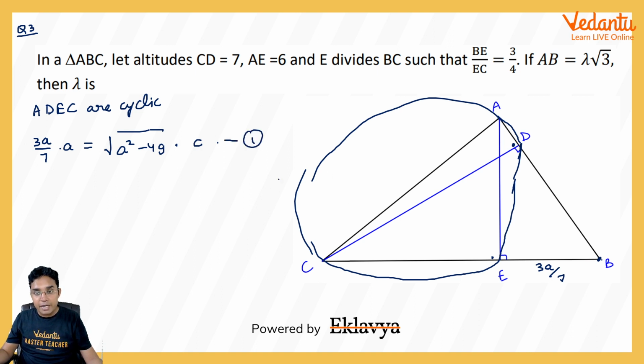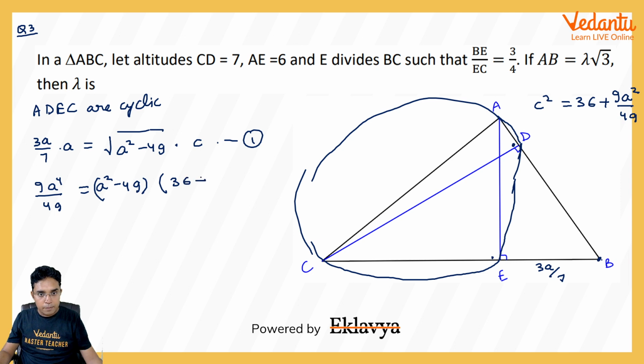And to eliminate C, I think we should make use of Pythagoras theorem only, that AB square, that is C square, will be equal to AE square, that is 36, plus EB square, that is 9A square upon 49. So I can do the squaring here, and I will be getting 9A power 4 upon 49 is equal to A square minus 49 into C square, which is 36 plus 9A square by 49.